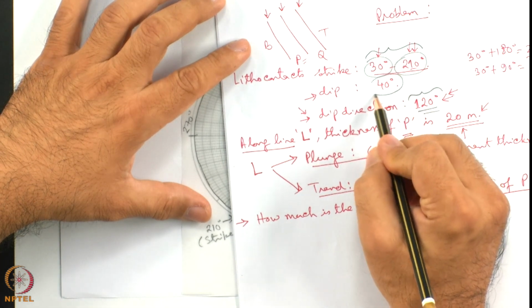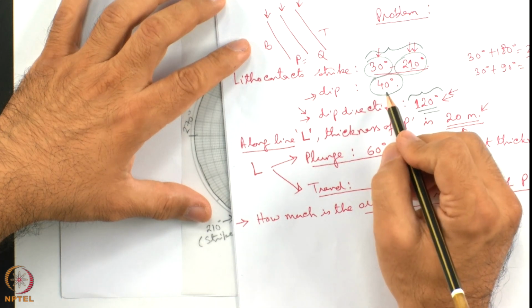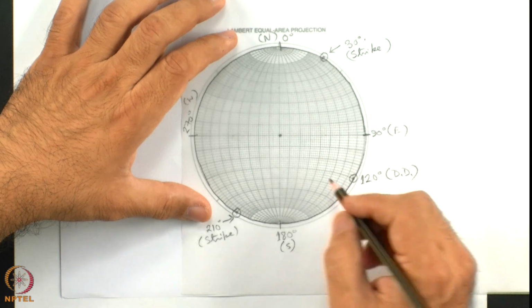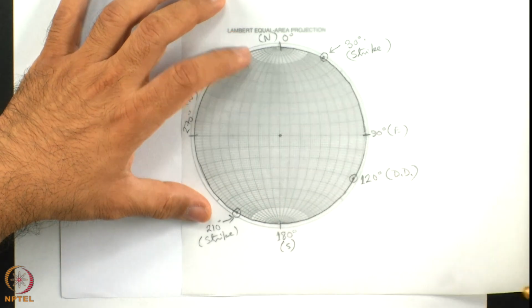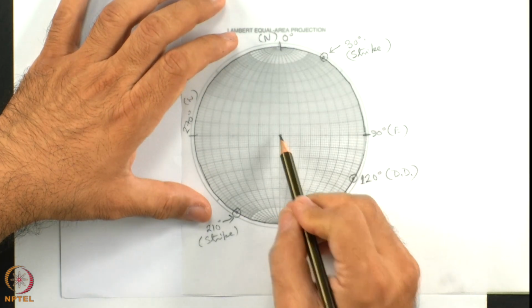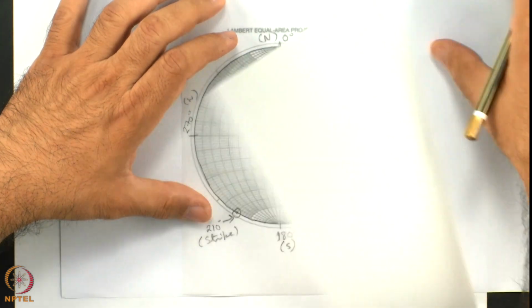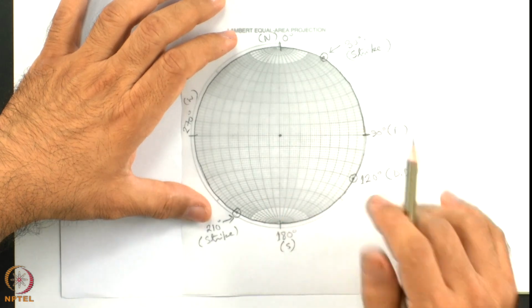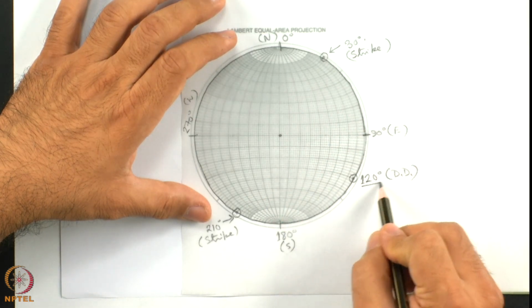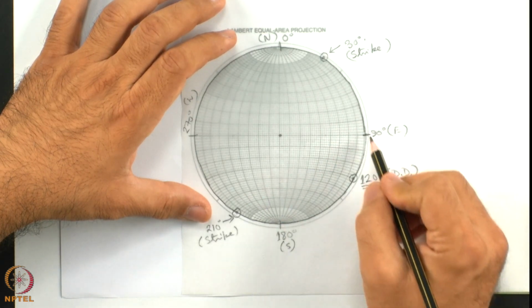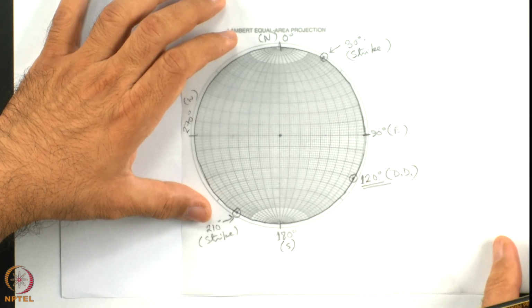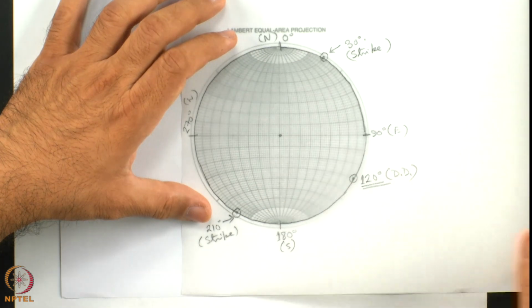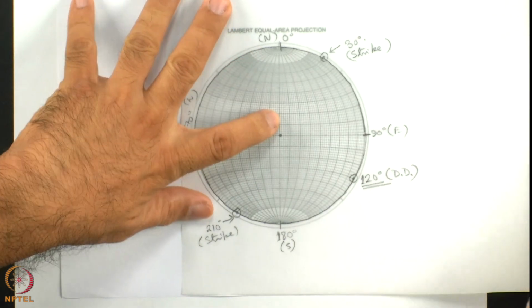Now, I have to plot the dip information, 40 degree, to draw the great circle. To do that, I maintain the center drawn in the tracing sheet over here, same as the Stereonet which is lying below this one, and rotate so that this 120 degree dip direction goes with the east of the Stereonet. Ideally, one can put a pin over here and rotate, but without that also we can rotate and then match the center.